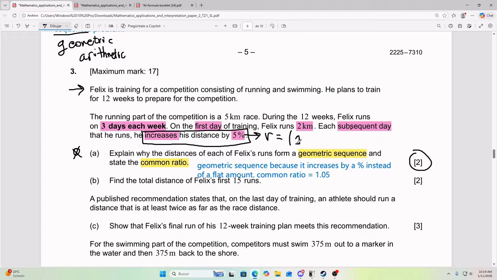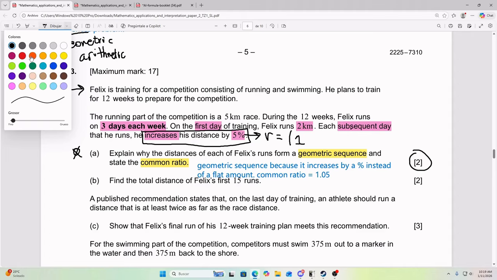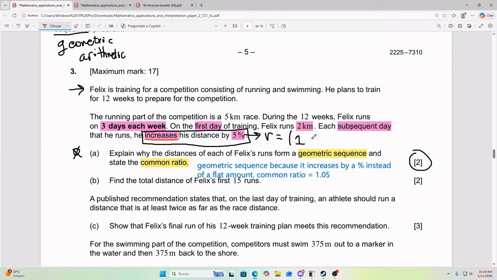If it says increase, you will put a plus. If it says decrease, you put a minus. In this case, we put plus. And because it says by 5%, you're going to put 5% here.